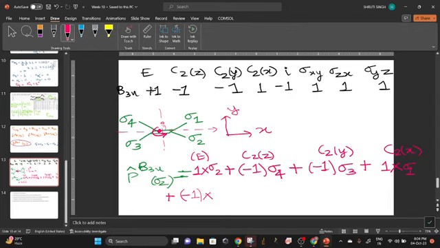Sigma 3? No, this is the inversion center. Oh, sigma 4. Yes. So sigma 2 will become sigma 4. This is for inversion.